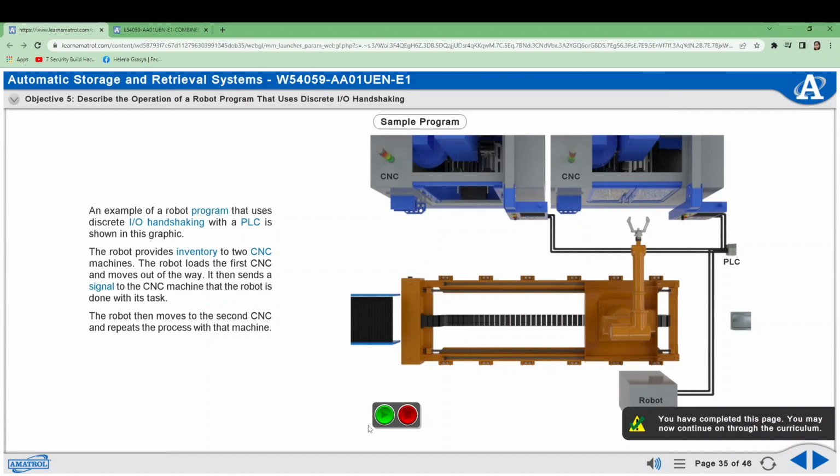Operate a robot program that uses discrete I/O handshaking. In this procedure, you will operate and test a robot program that interfaces with a PLC program.